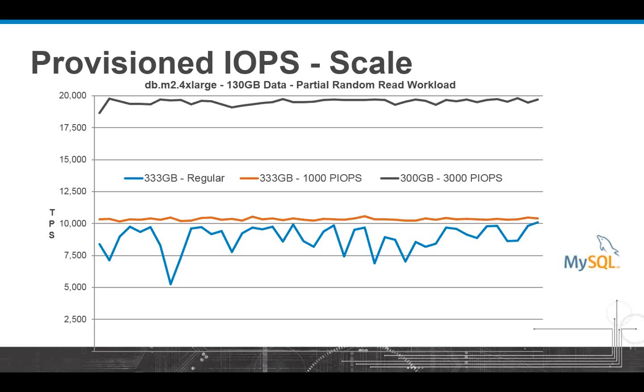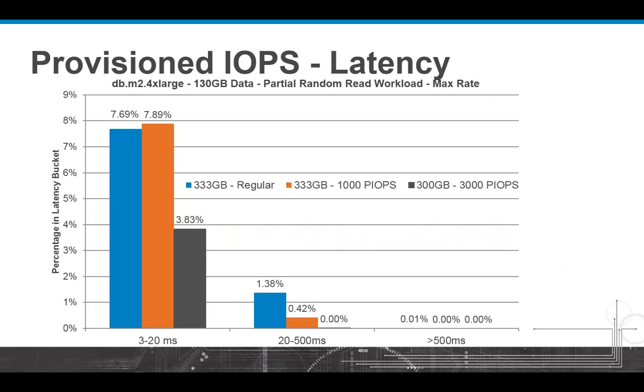So let's understand how the latency profile looks across these benchmarks. Here is a chart that displays the latency profile, categorizing it into 3 different buckets. There are transactions that fall into the 3 to 20 millisecond bucket, transactions that fall into 20 to 500 milliseconds, and then transactions that fall into the greater than 500 millisecond bucket.